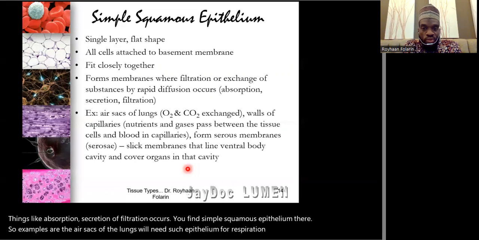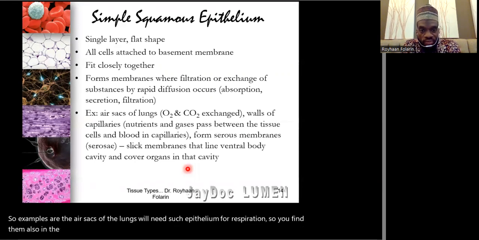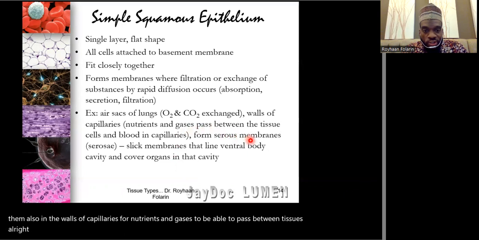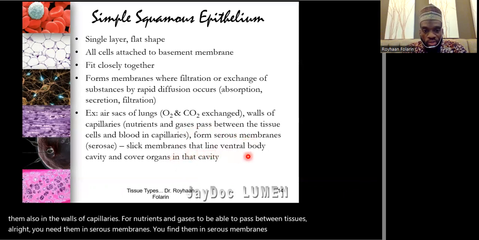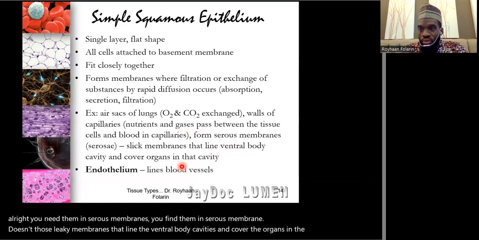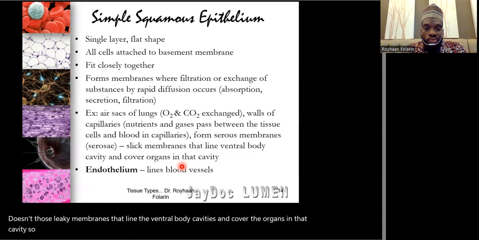You find them also in the walls of capillaries for nutrients and gases to be able to pass between tissues, right? You find them in serous membranes, those slick membranes that line the ventral body cavities and cover the organs in that cavity. You find them in endothelium, which refers to the linings of blood vessels.